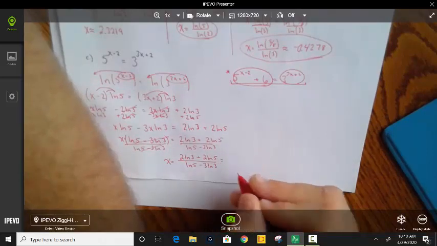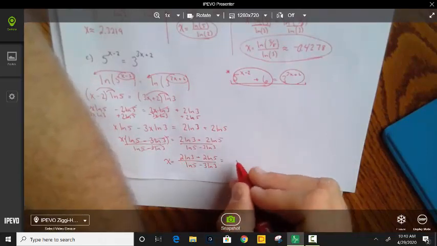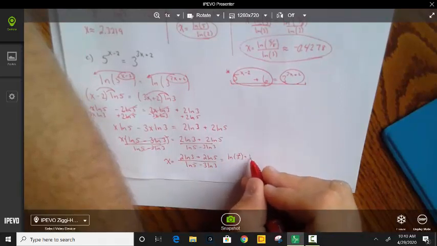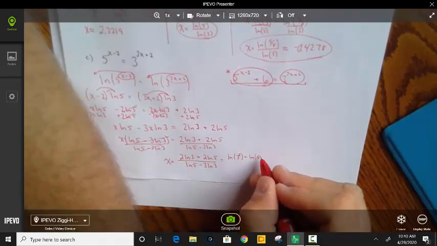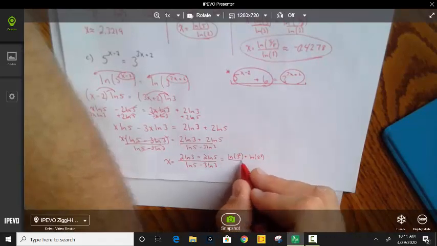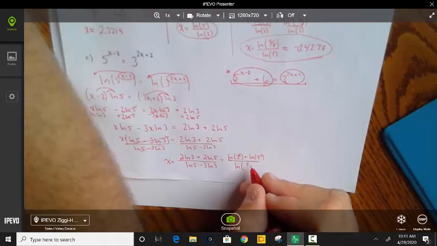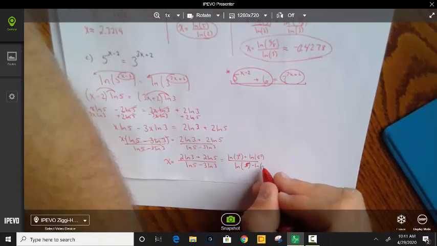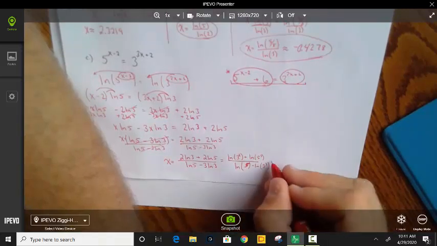So, for example, we could rewrite this as natural log of 3 squared plus the natural log of 5 squared. And then on the bottom it'd be the natural log of 5 minus the natural log of 3 to the third.